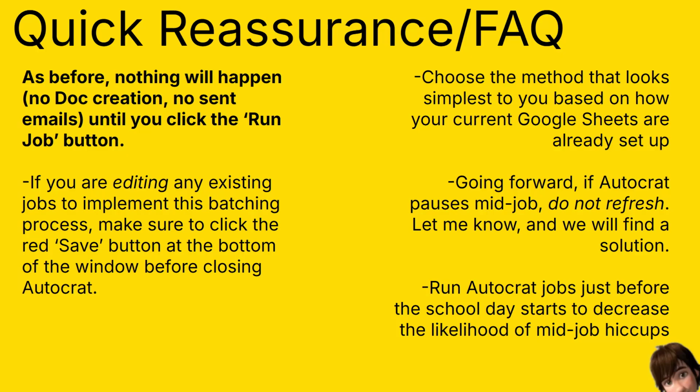You can text me, I can hop on and take a look at it as well, and we might be able to find a solution. We might just have to go in and manually create documents for the students for whom Autocrat didn't get to. Excuse my grammar just there. But the key here is to not refresh the page if Autocrat is stuck loading.